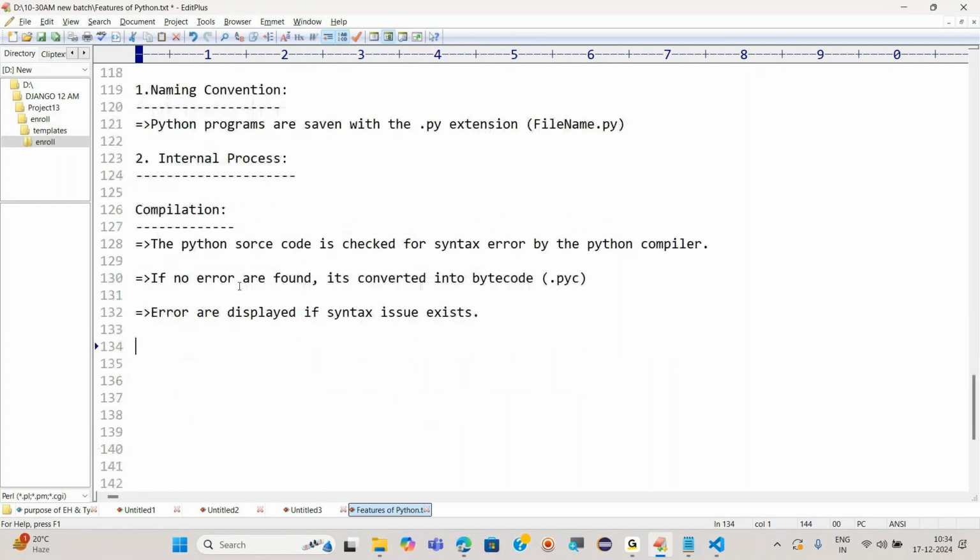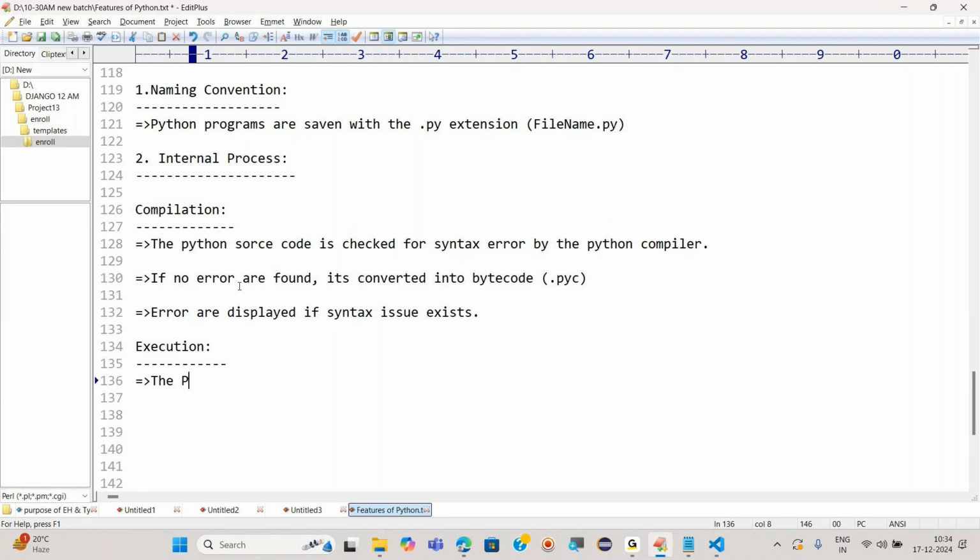Next is the execution process. So what is this execution now? This was compilation. Now we'll be seeing execution. Now the main term in execution is PVM.